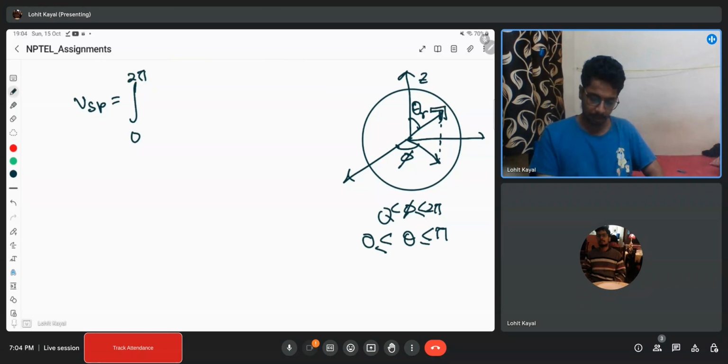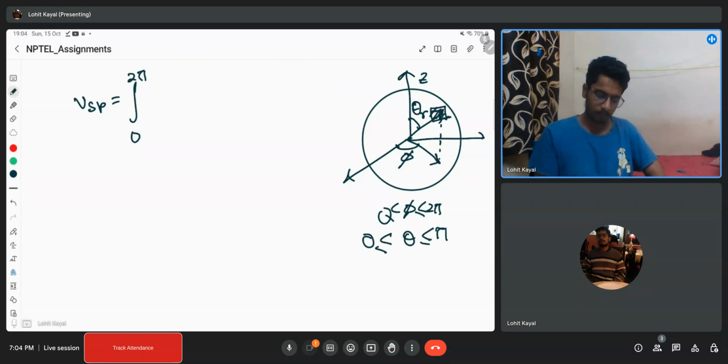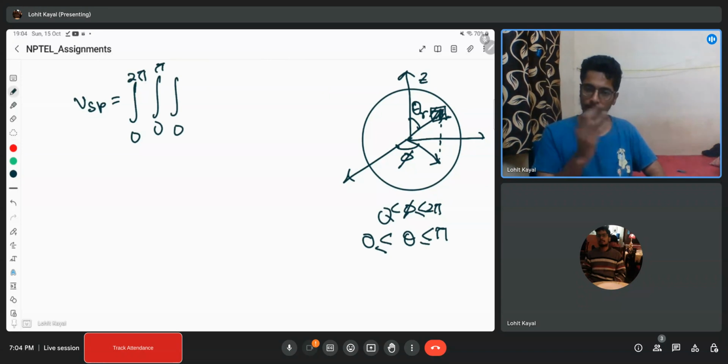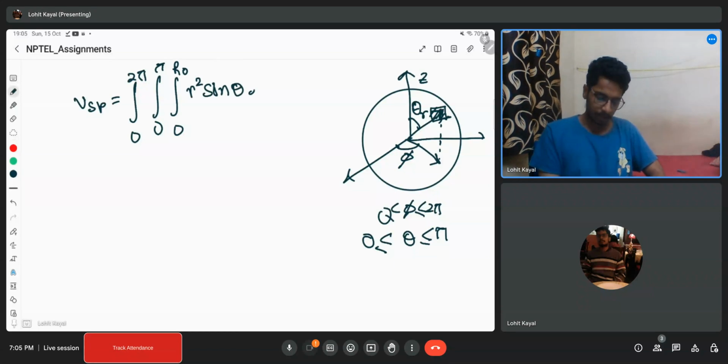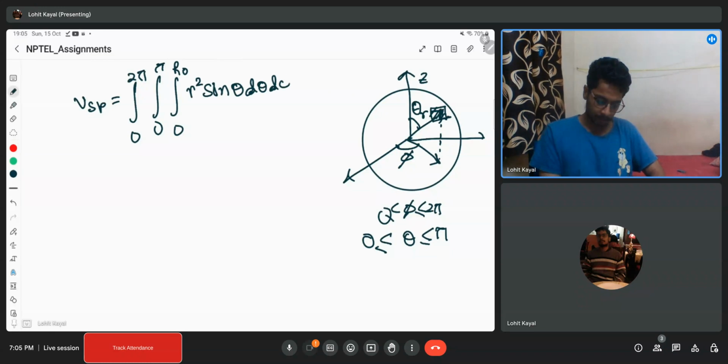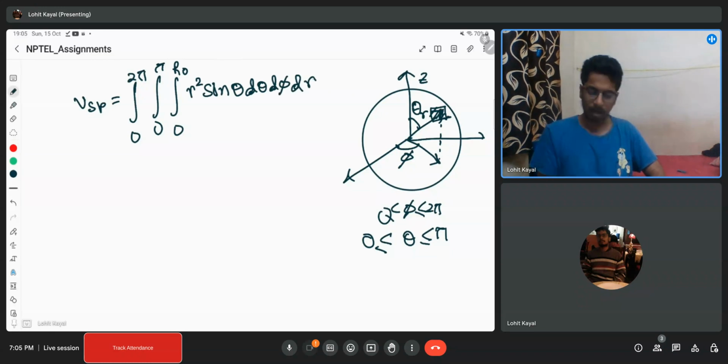Now, if you consider a small volume element dV and integrate it over the entire domain, you will get the volume of your sphere. The formula is r squared sine theta, then d theta d phi d r.